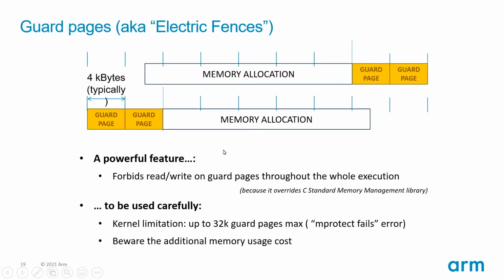So in addition to those checks, we have what's called guard pages. It's traditionally known as electric fences, but what that is, is that when you allocate memory, you can put a safety net on either side, whether it's before or after the allocation.